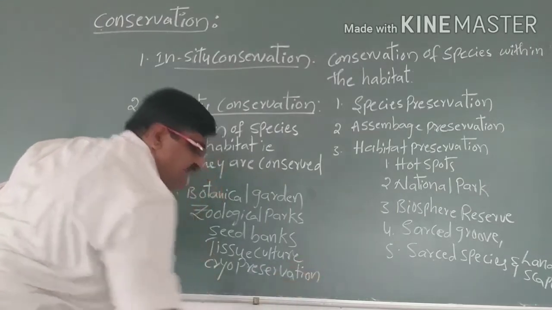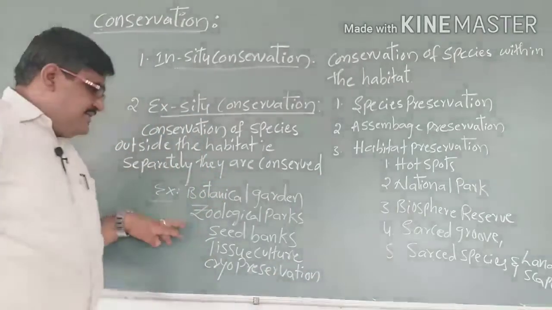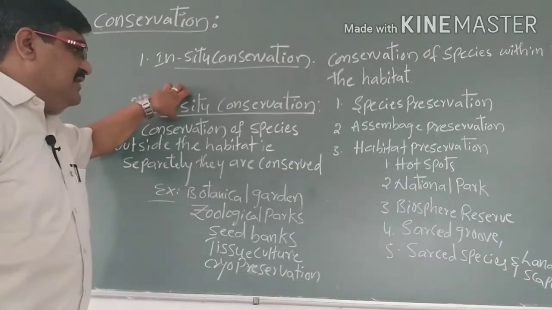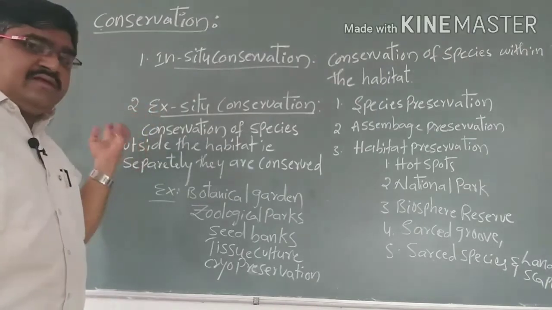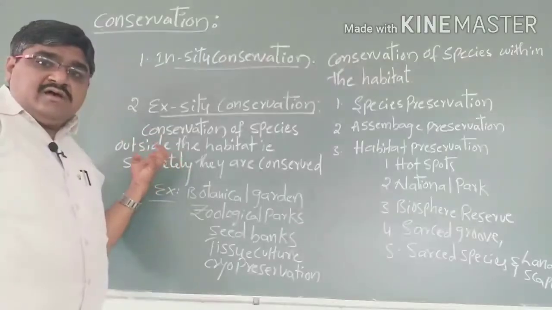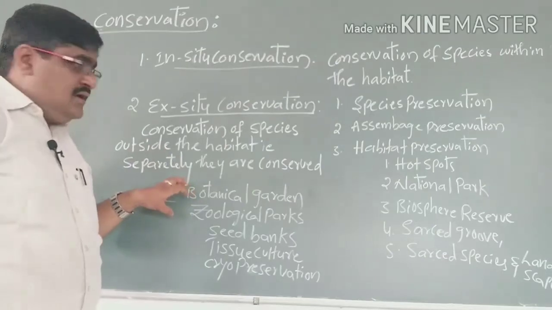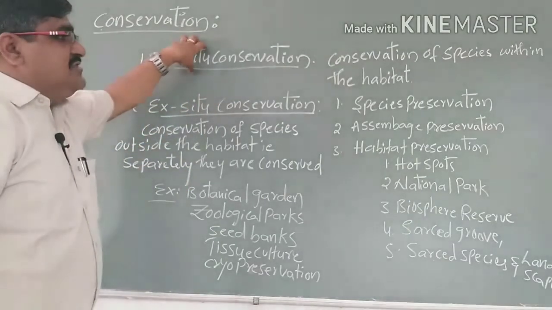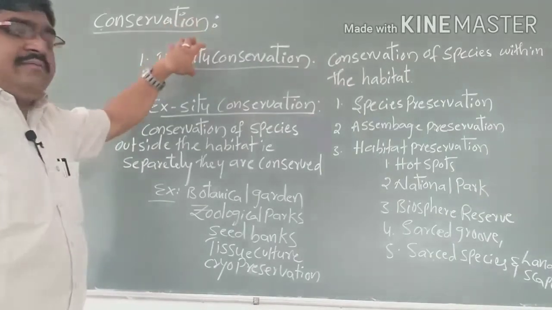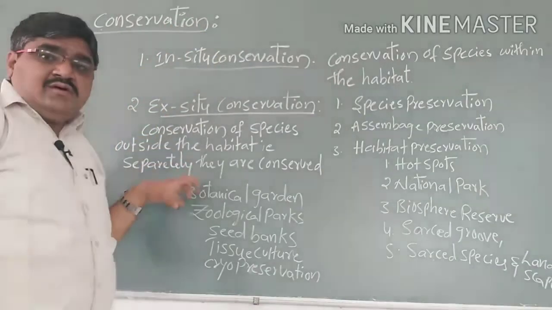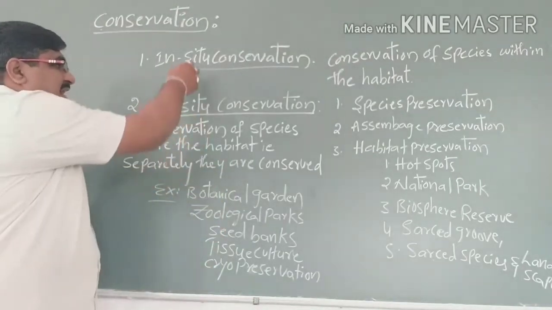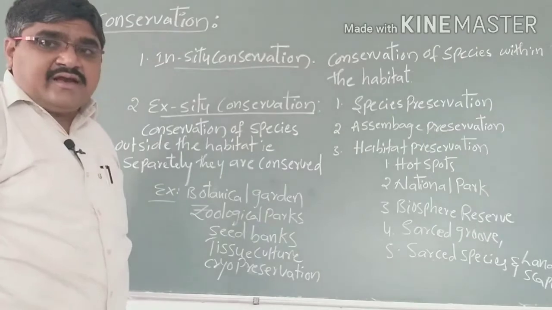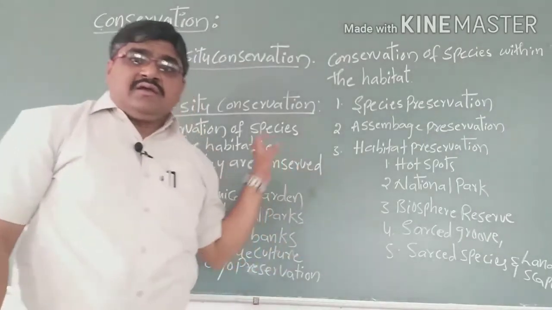These are the various types of ex situ conservation, where ex situ means outside the habitat, they are preserved separately. If the conservation of species takes place within the habitat, we call it in situ, and outside the habitat, ex situ. These are the two types of conservation.